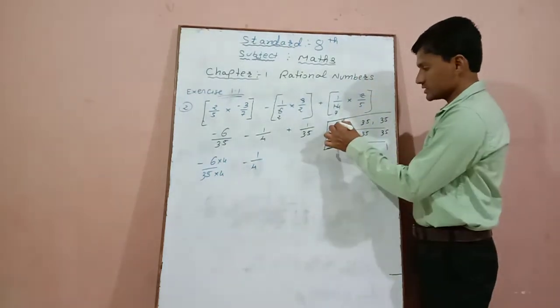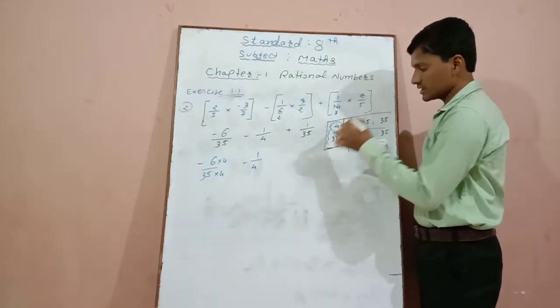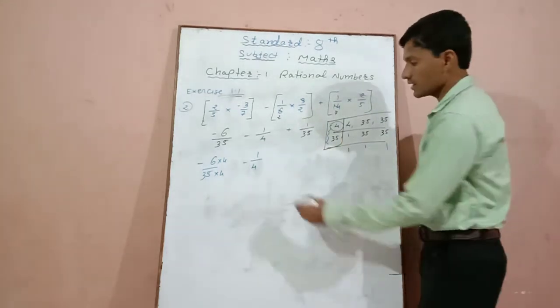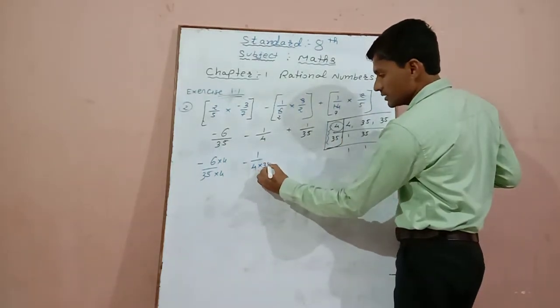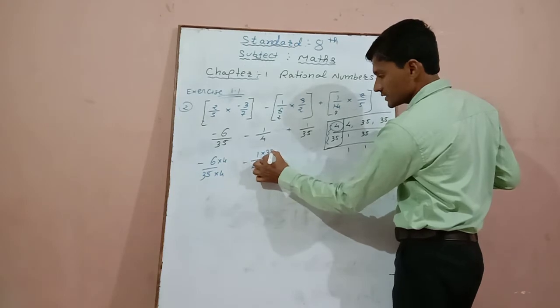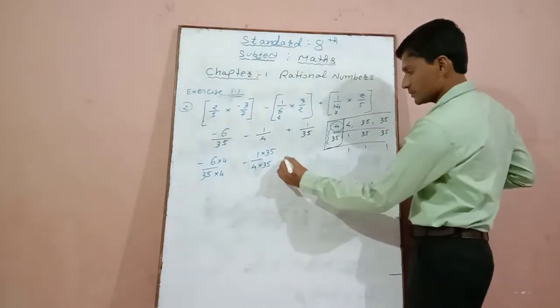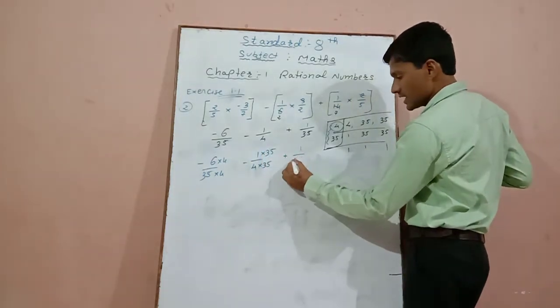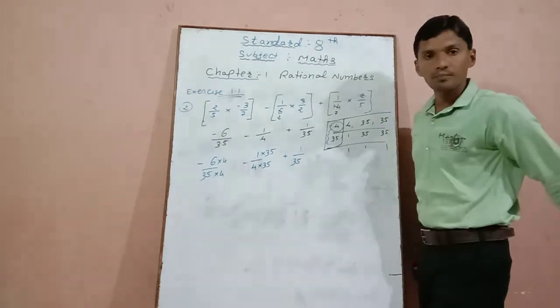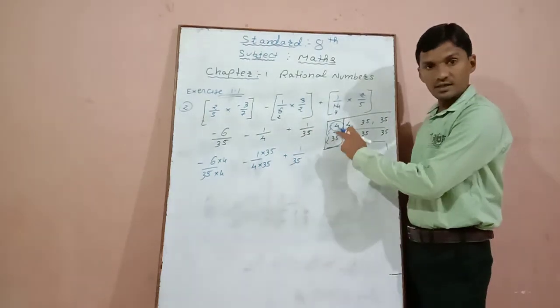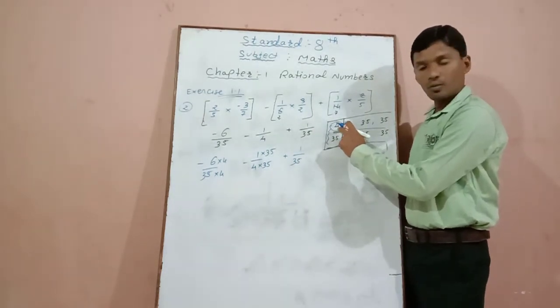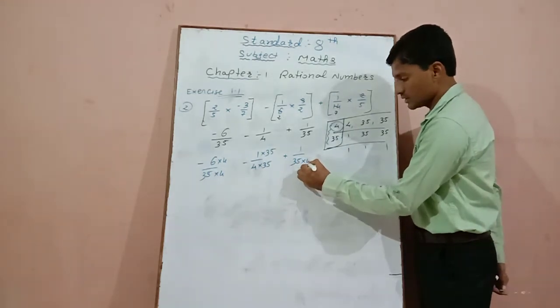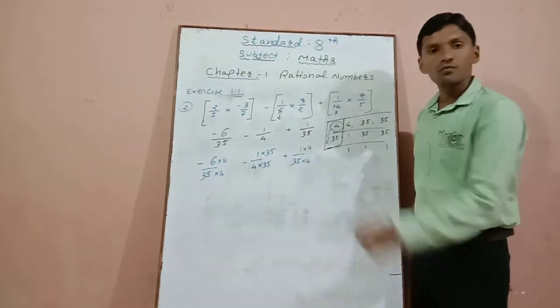Here 4 is there. What is the remaining number? 35. So it will be multiplied by 35. Third step, plus 1 divided by 35. Here again 35 is there. For making common LCM, 4 is remaining, so multiply by 4.